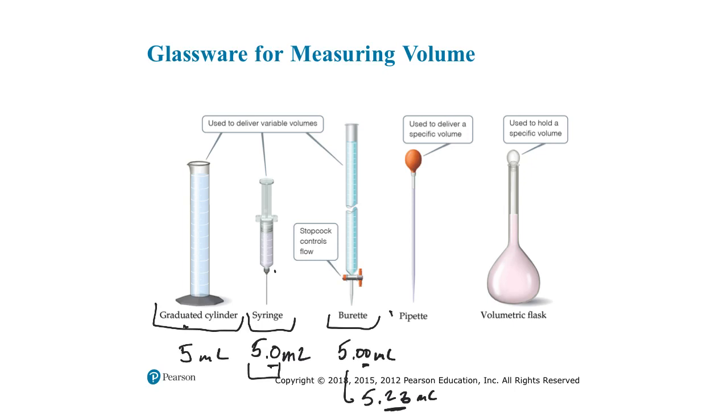Now, the pipette is something that has a little bulb in it, and the bulb might be a 5 mil bulb or a 10 mil bulb, but the pipette has a marking on it that you fill up with your liquid, and then you have the meniscus resting right on that mark. And then when you deliver this, let's say you have a 10 mil pipette.